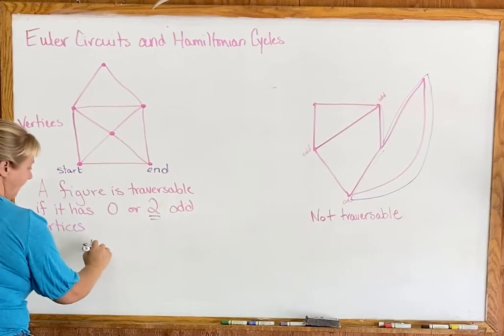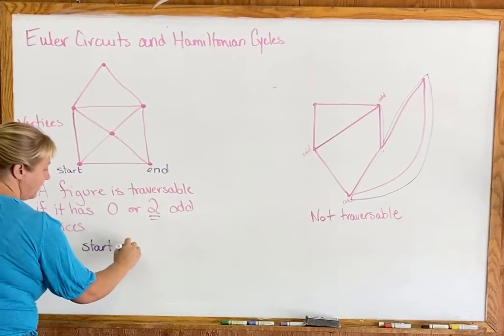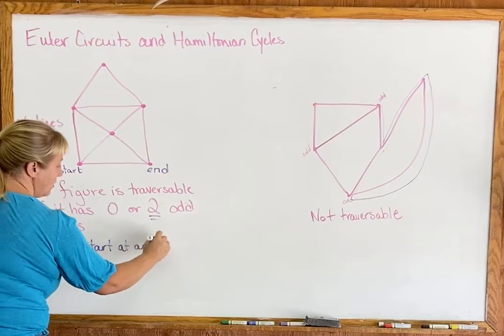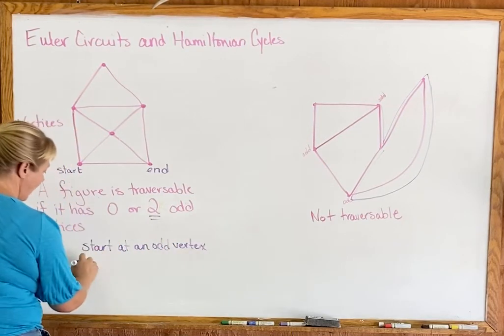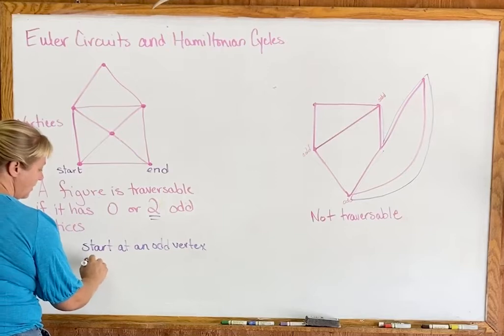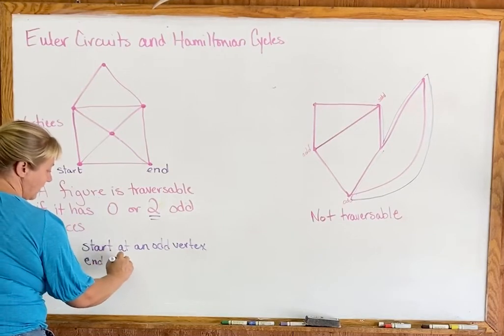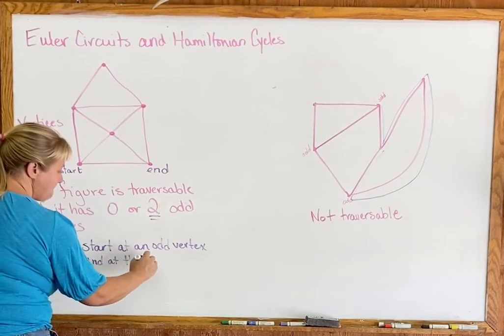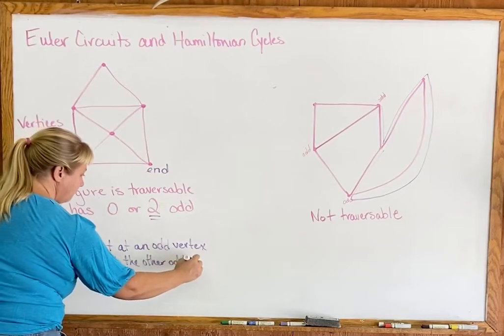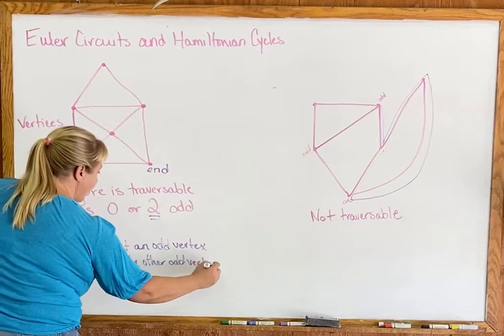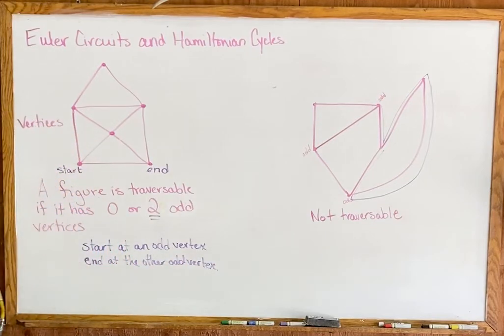Start at an odd vertex, end at the other odd vertex. Okay, so traversable.